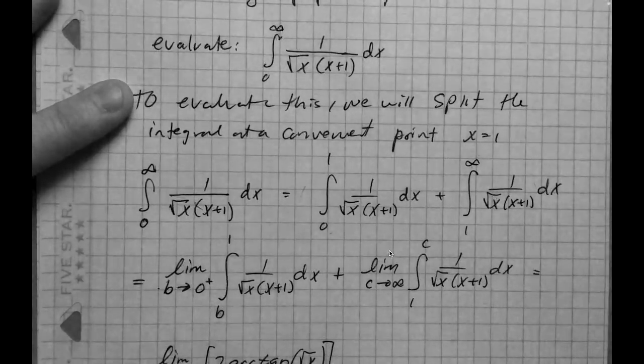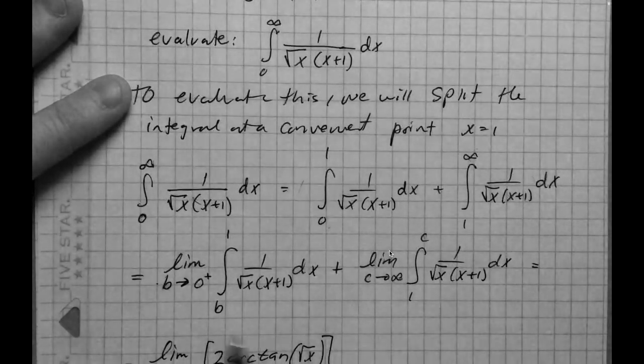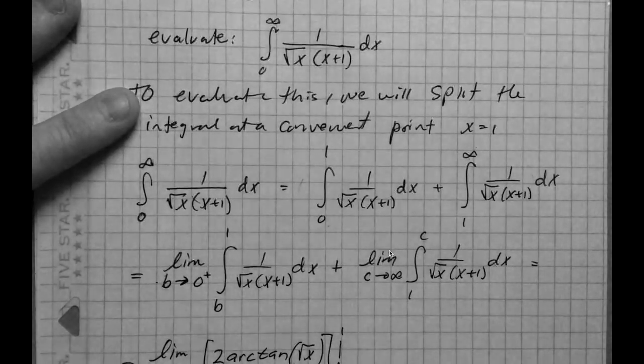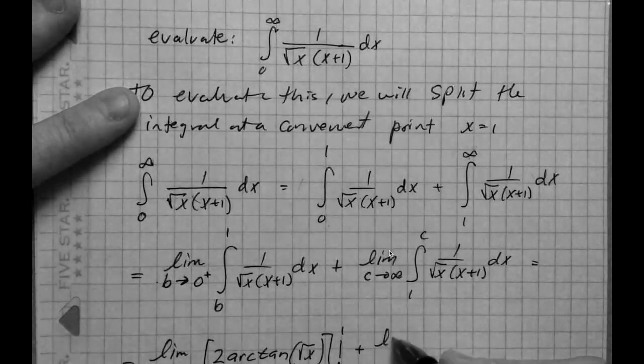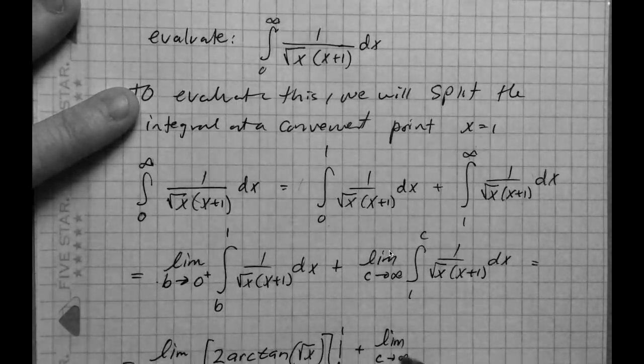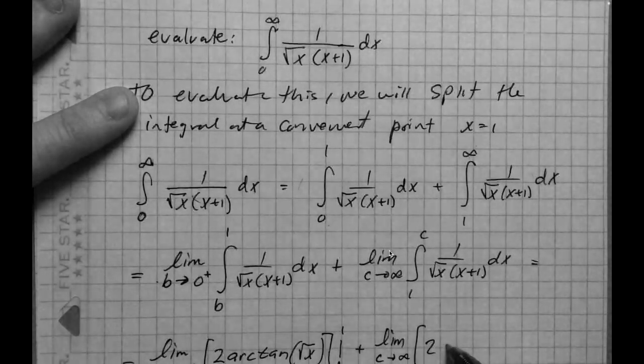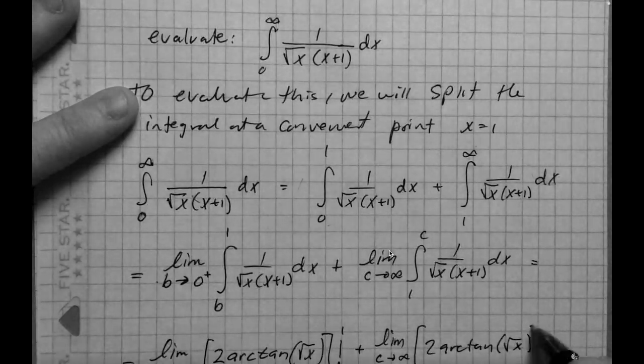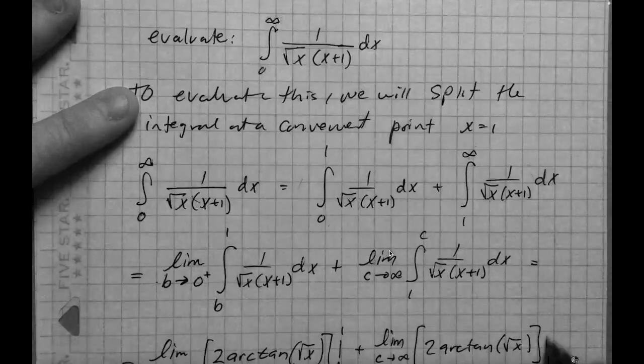You can spend a little time sorting that out, but that's what you'll find. So it's from b up to 1, and it's the same thing over here. Limit as c goes to infinity of 2 times the arc tangent of the square root of x, from 1 up to c.